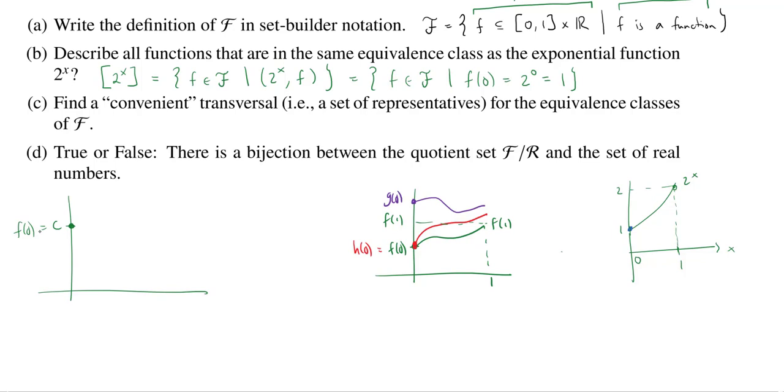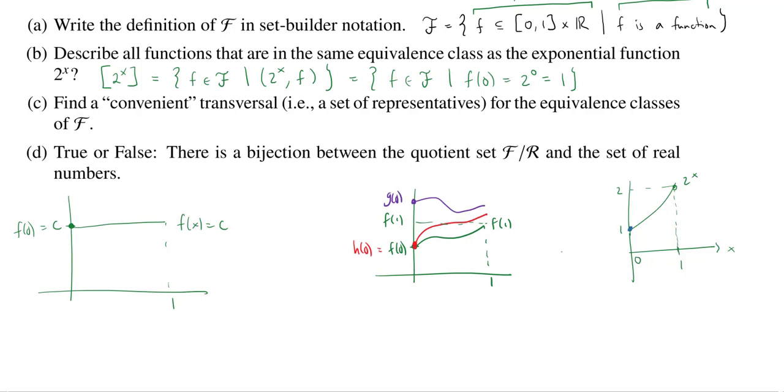I'm allowed to choose any function from the unit interval to the real numbers whose starting value is c. I'm just going to take the easiest one I can think of. I'm going to take the constant function. Right? So this goes from 0 to 1. So f of x is just the constant function c. And for any real number, I can write down a constant function equal to that real number.